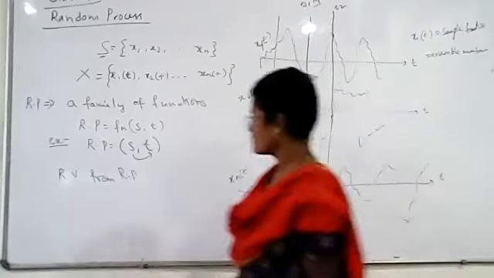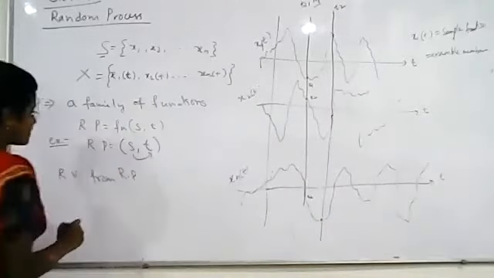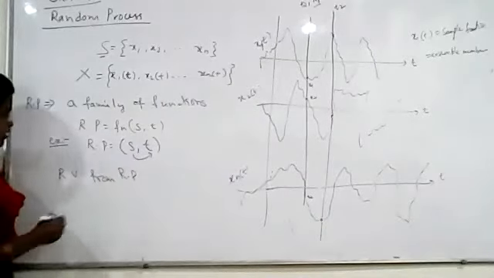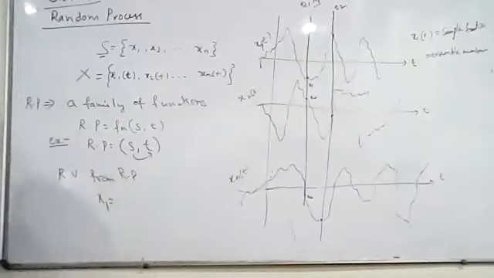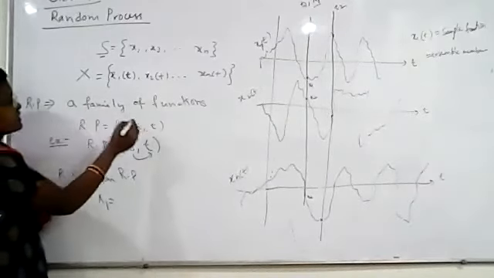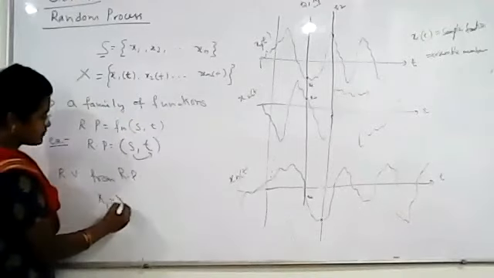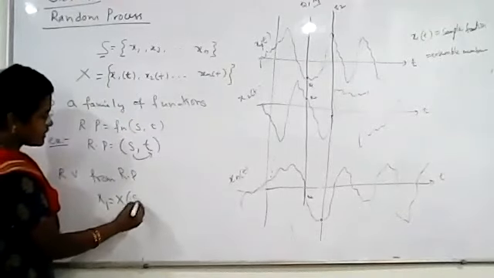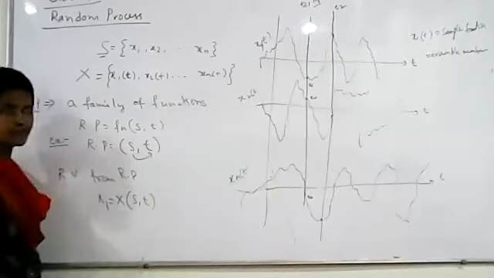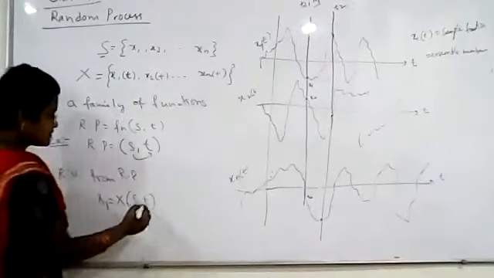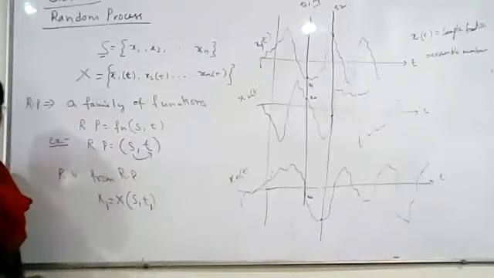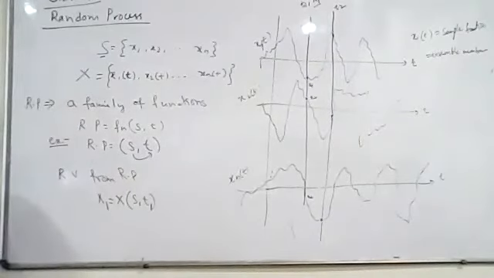Just now we have discussed that we can obtain the random variables from the random process. How do you get X1? We have discussed that capital X is a function of both sample space and time. Now we fix the time t equal to t1, whereas we vary the sample space.